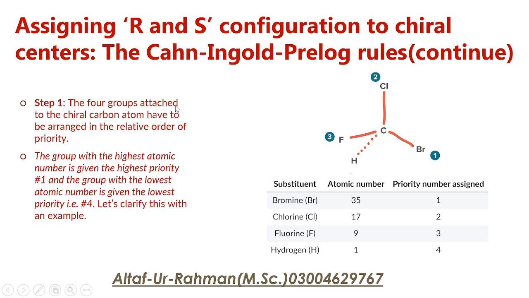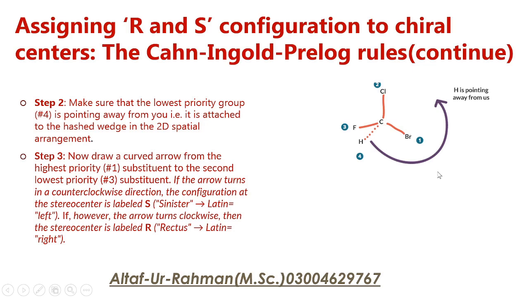Priorities are assigned on the basis of decreasing atomic number. So bromine, with the maximum atomic number, is priority number 1, then chlorine, then fluorine, and then hydrogen. The priority will be in this way.